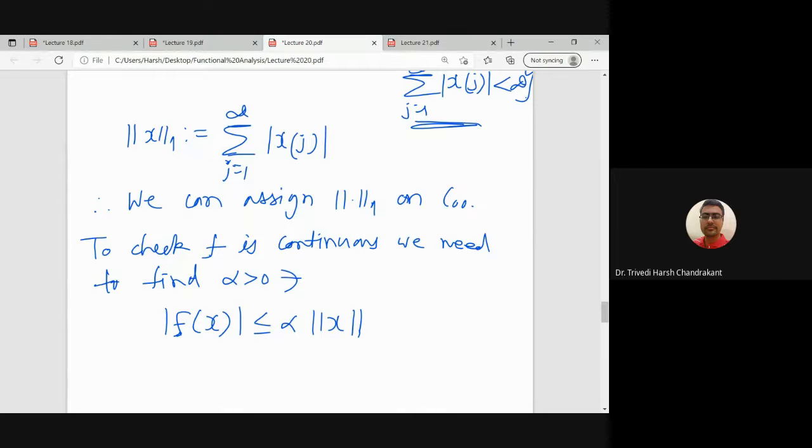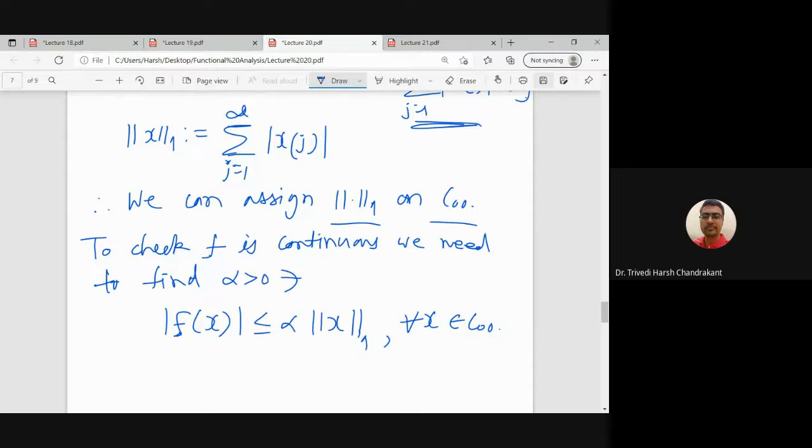Right, so here norm x is not the infinity norm, because now we are defining the one norm on c00, on the domain. That means this is the one norm. So x is an element of c00.